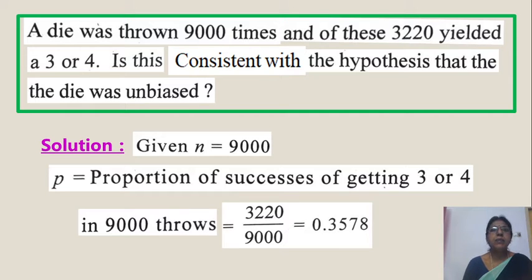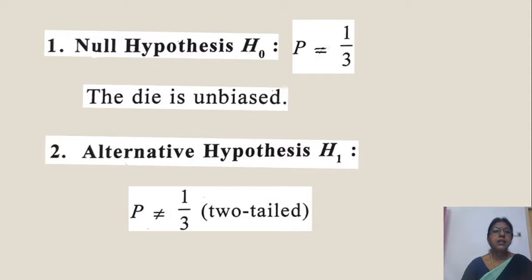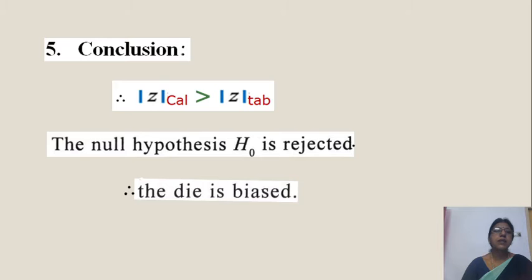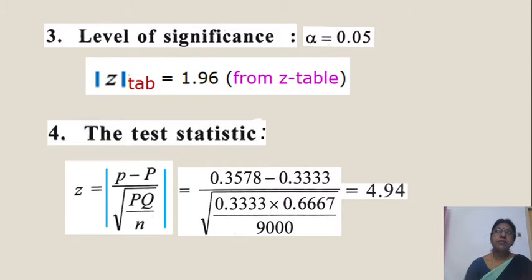Mainly for this type of questions we take 4 points. First we take the null hypothesis, H naught, and the alternate hypothesis, H1, then the level of significance alpha. We take the Z values from tables depending on this alpha. And then the test statistic, which means Z calculated.